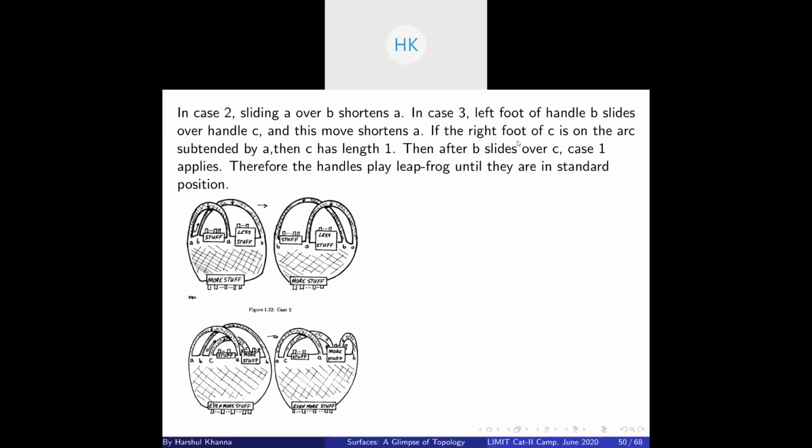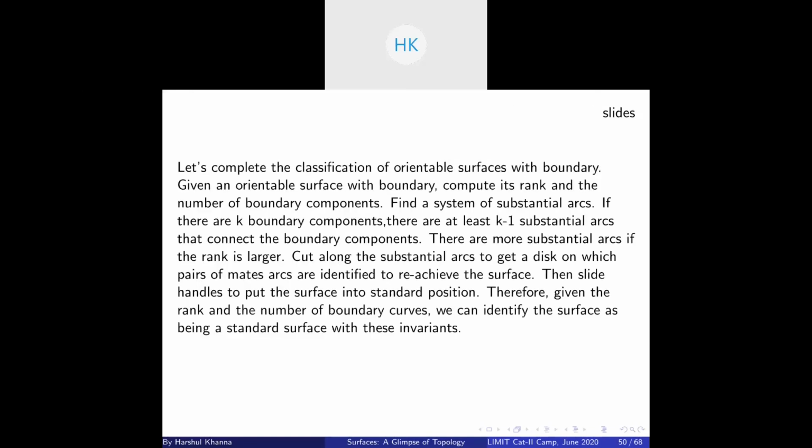Okay. Yes, yes. Okay. So next, we have completed the classification of planar surfaces. So essentially, given an orientable surface with boundary, we will compute its rank and the number of boundary components. Then we will find a system of substantial arcs.